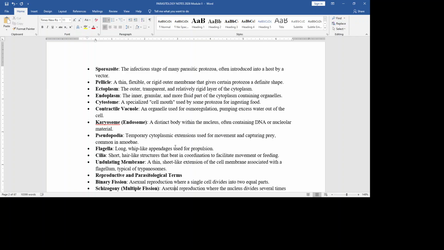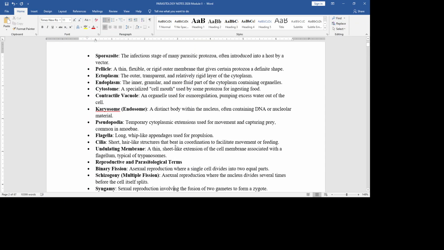This is a thin sheet-like extension, and it's normally associated with the flagella, and it is important during the movement of the parasites within the body tissues, which could be the blood, plasma, or the cytoplasm. And this is common in trypanosomes, though other protozoan parasites possess this, such as the Trichomonas species.